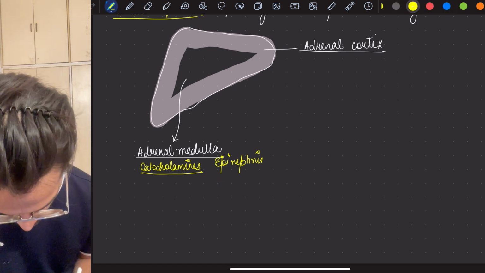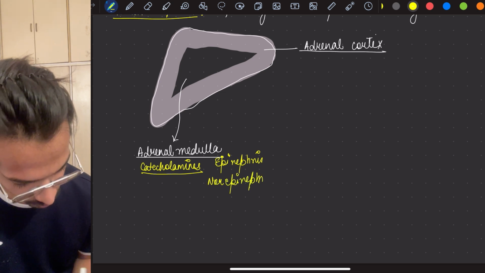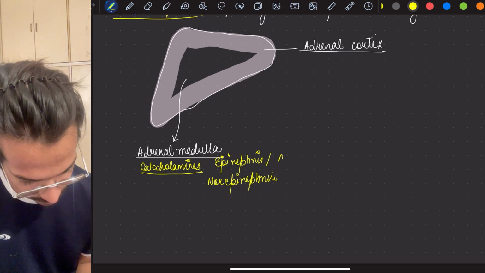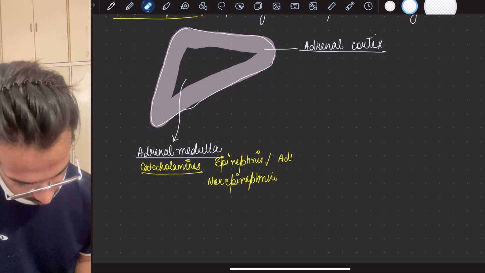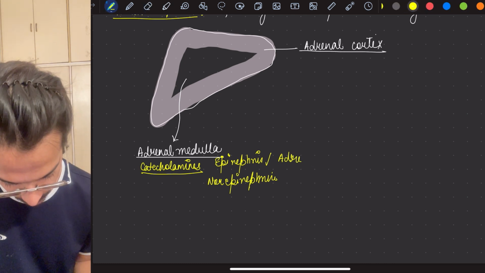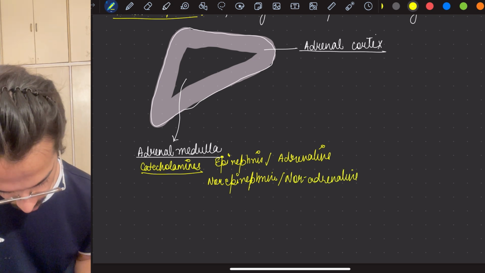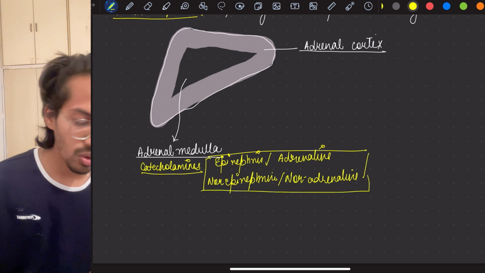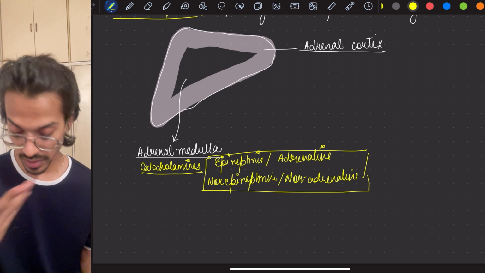Epinephrine is also called adrenaline, and norepinephrine is also called noradrenaline. So these hormones and their second names are given to you, and these are called catecholamines.